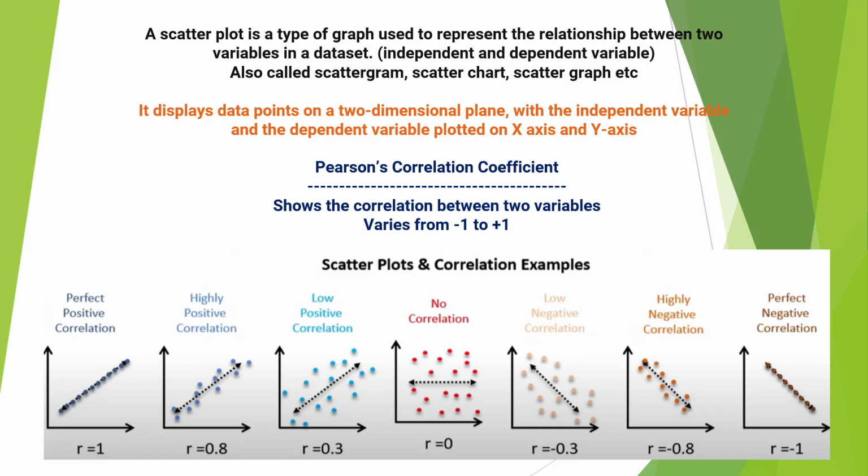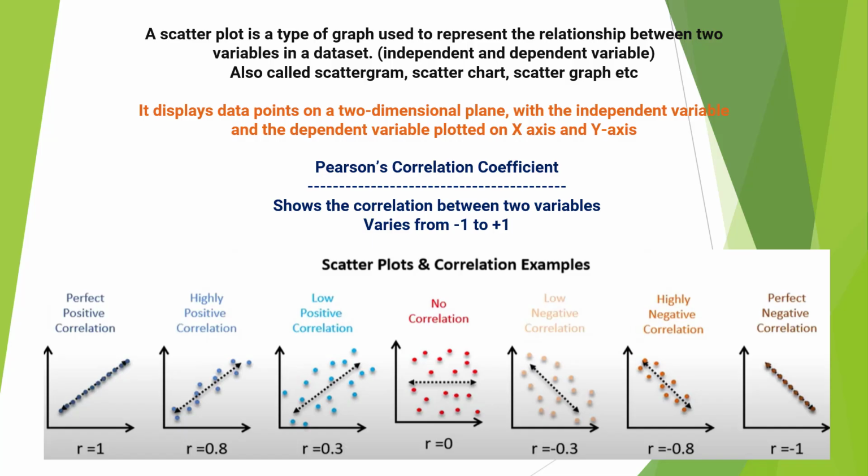Highly positive correlation, where R is equal to 0.8, you can see that the points are not lying exactly on the straight line, but there are certain deviations here and there, but you see that they are still forming a straight line, wherein R is equal to 0.8. A low positive correlation, you can see that the variation or the range has increased between the data points, but they are still forming a straight line and moving in a positive direction, and that is why it is called positive correlation.